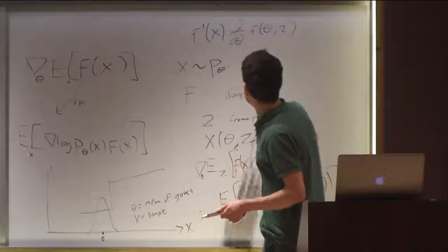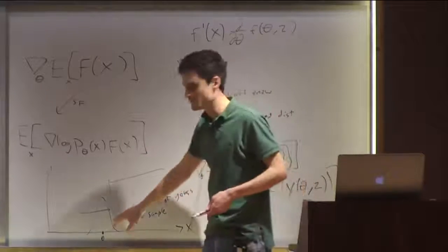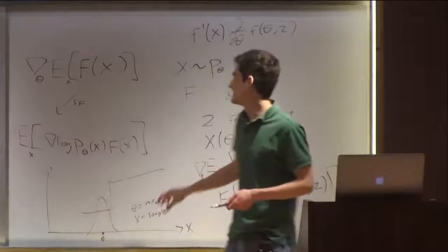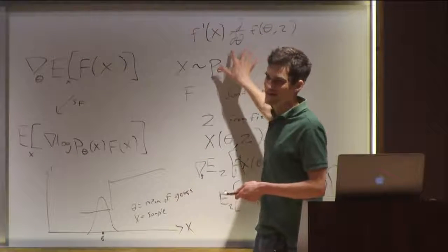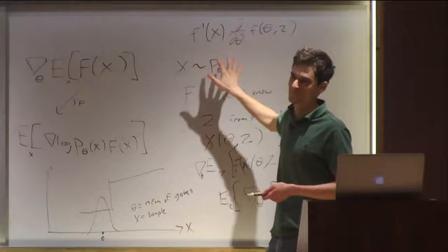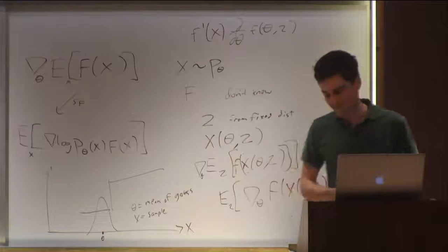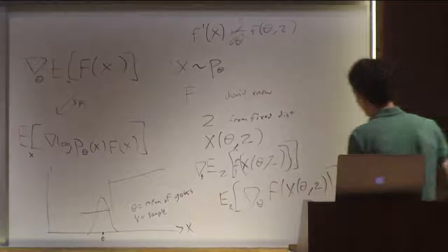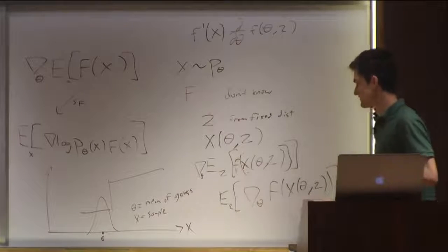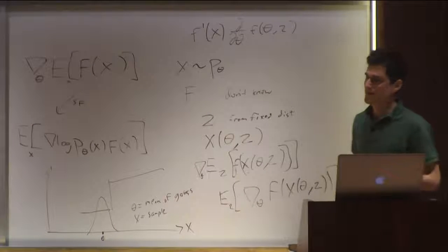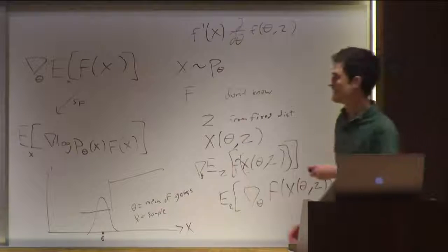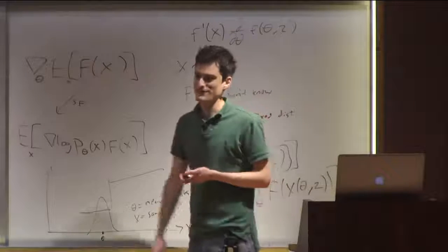So if we collect a sample from this distribution and plug it into this expression, we're always going to get 0, because the derivative of the step function is 0 everywhere. That's no good. So this isn't going to work if f is discontinuous. It's correct if f is merely non-differentiable.